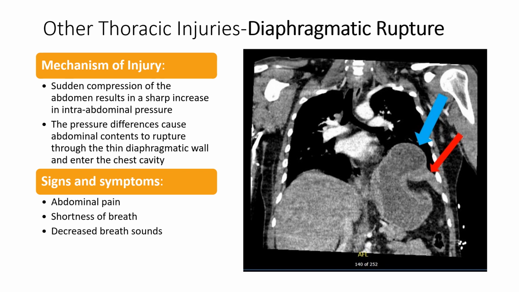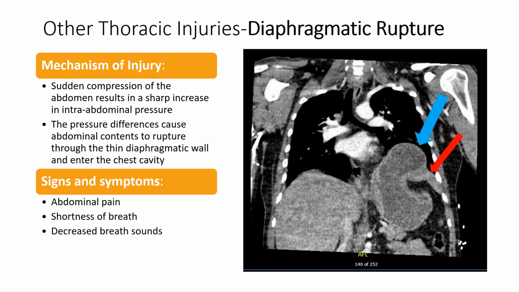So diaphragmatic rupture, I probably have talked about this earlier when I talked about the neonate. What happens, and this is a pretty obvious picture over here, is a sudden compression of the abdomen results in a sharp increase in intra-abdominal pressure, causing the diaphragm to rupture, and basically the organs then end up in the thoracic cavity.